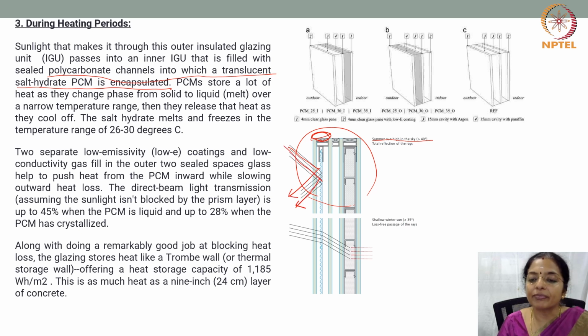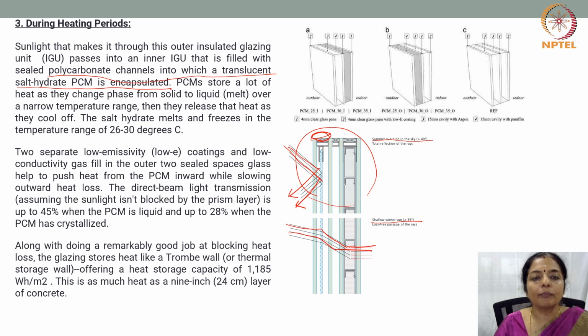Whereas during the shallow winter sun, when the sun angle is less than 35, the solar radiation manages to get inside. So this offers passive solar control mechanism for south facing glass to keep out most of the high summer sun while benefiting from the lower angle of winter sun.